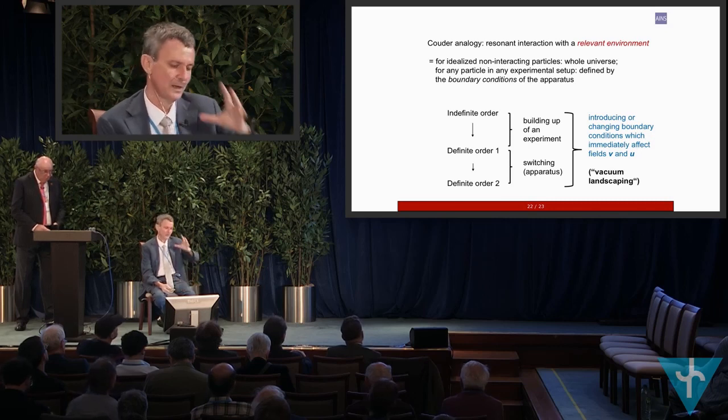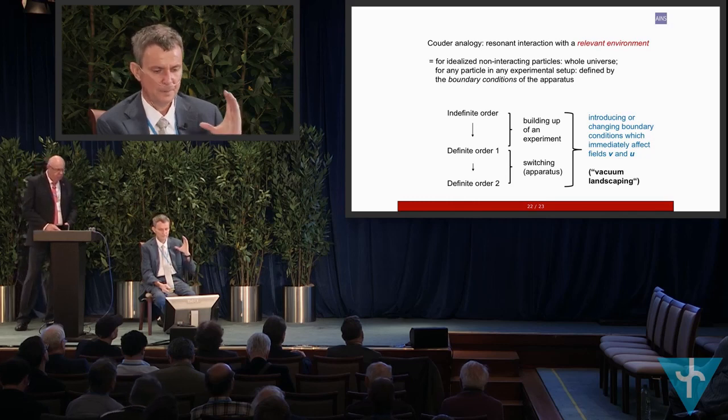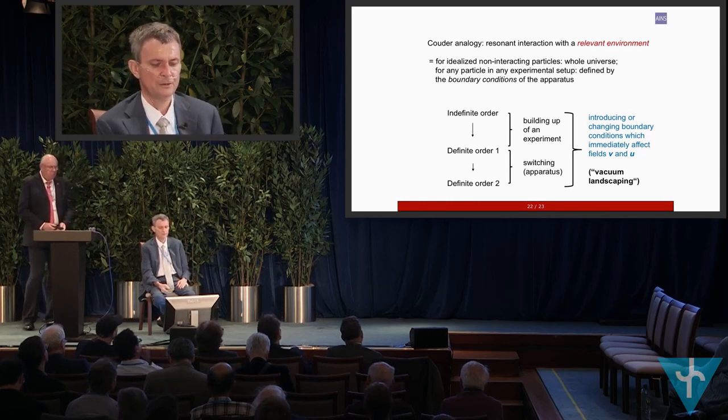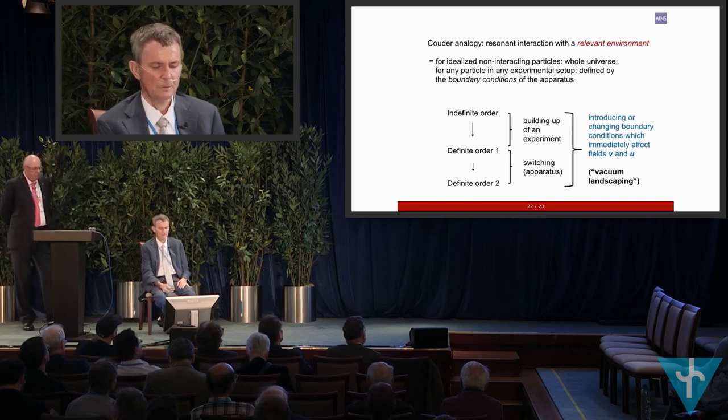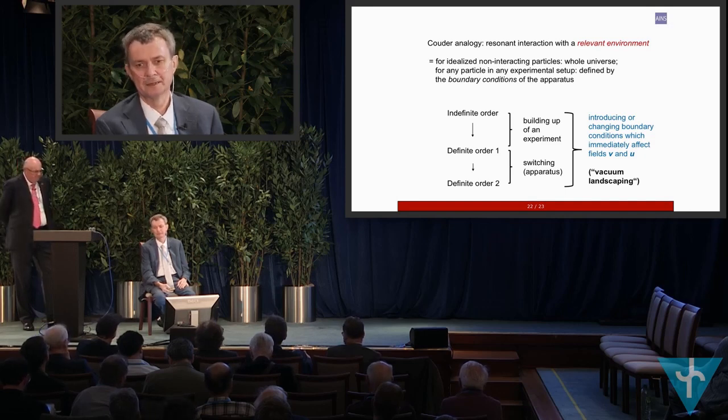So if you start with the whole universe and some indefinite order, if you build up an experiment, or later if we switch something in that experiment, what we do is introduce or change boundary conditions which immediately affect the fields V and U. And that's what we call vacuum landscaping.